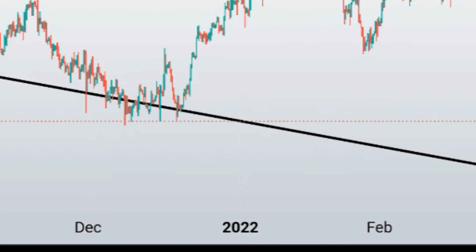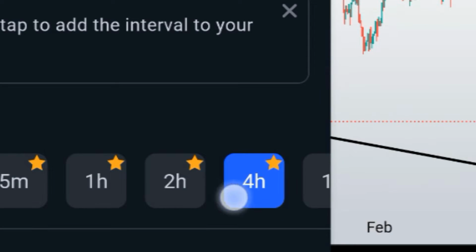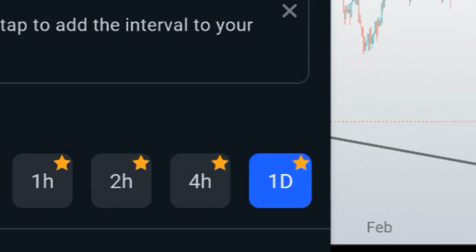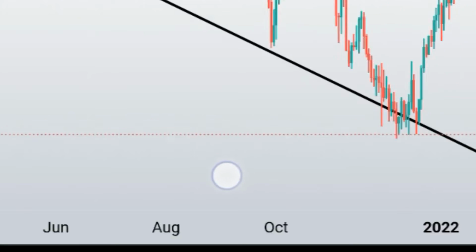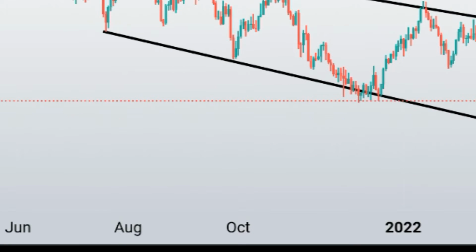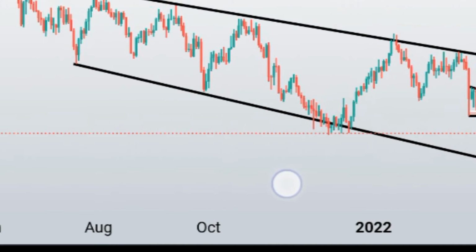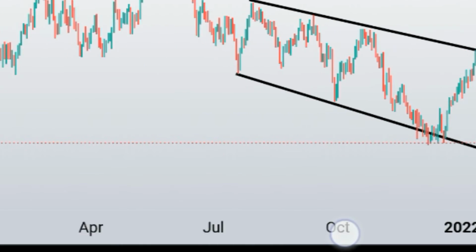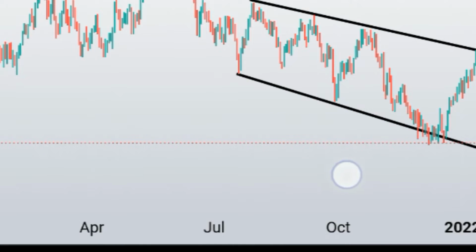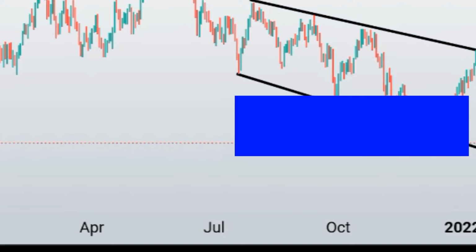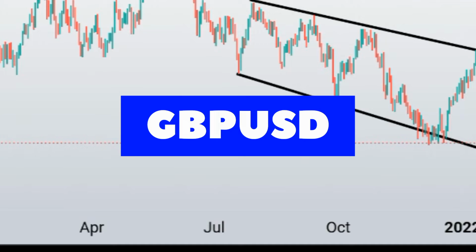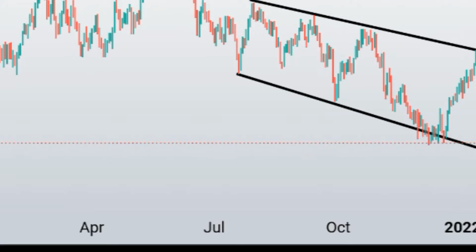Okay, beautiful. So for GBPUSD, I'll be starting from the daily time frame, going down to a smaller time frame. On GBPUSD, guys, I have already analyzed this pair, so I will just be going through it with you. On GBPUSD, we have a bearish channel, which is also a descending channel.